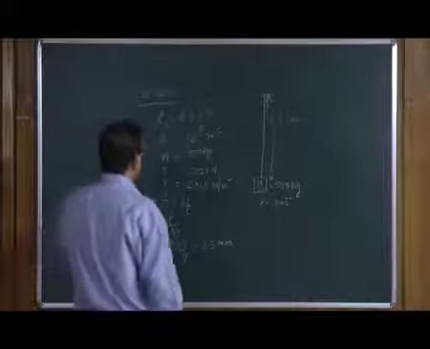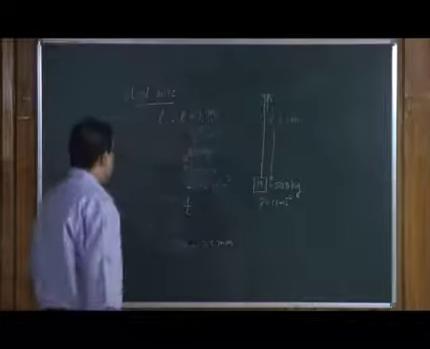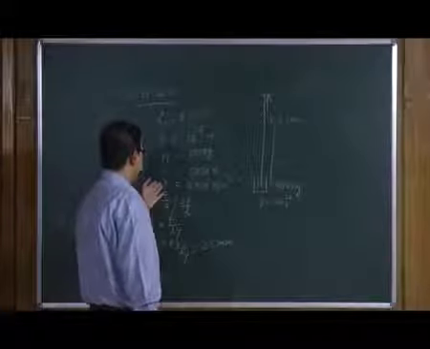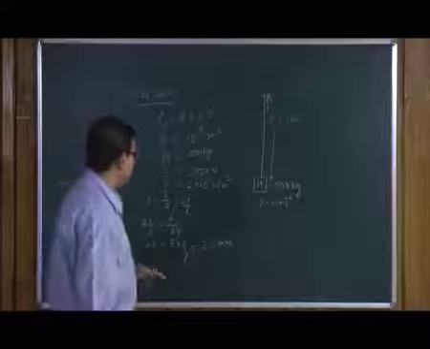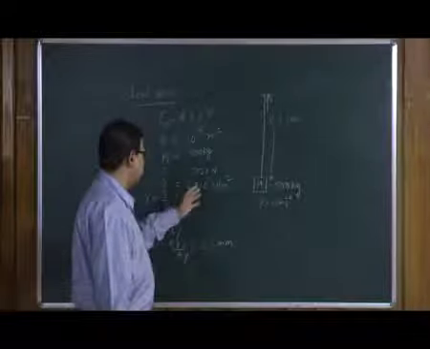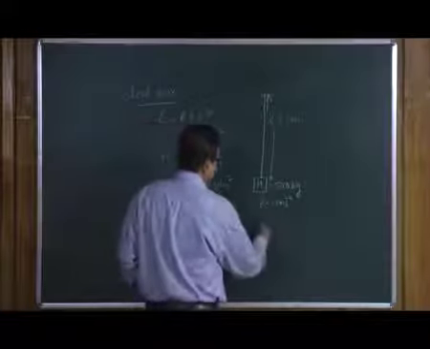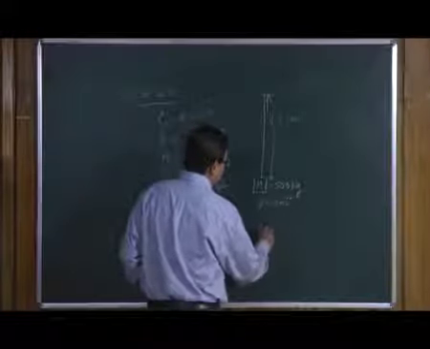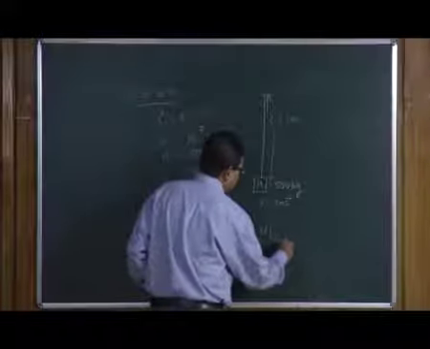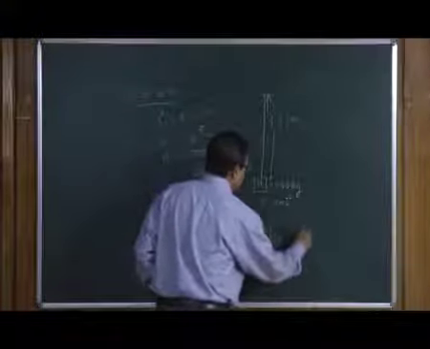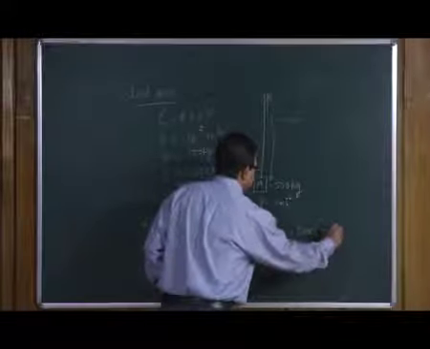Just to let you know, if it is a nylon wire, nylon has a Young's modulus approximately 50 times lower than the value of steel, which means the extension for a nylon wire is going to be 50 times more than 2.5 millimeter.